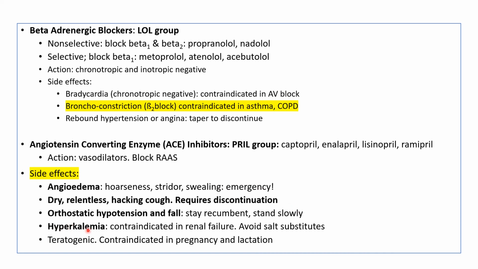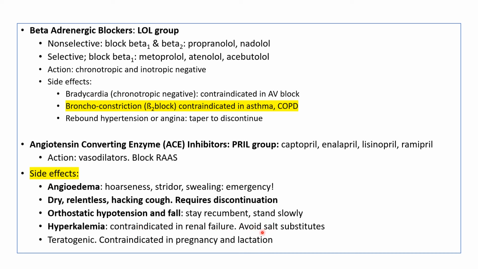Hyperkalemia is a possibility with any medication that suppresses aldosterone, because aldosterone says sodium and water for me, potassium for the toilet. If I suppress or decrease the action of aldosterone, now it is going to be inverted. Yes, inversion. Now sodium and water to the toilet, potassium for me. So in patients with renal failure, patients that already have high potassium, these medications are contraindicated or used very carefully.